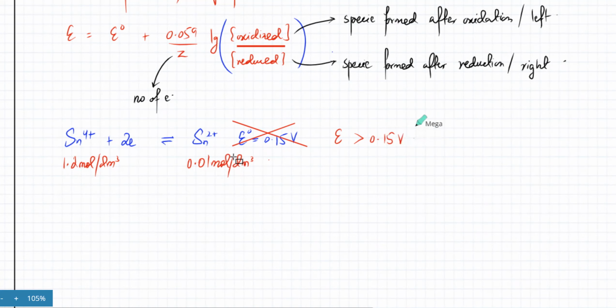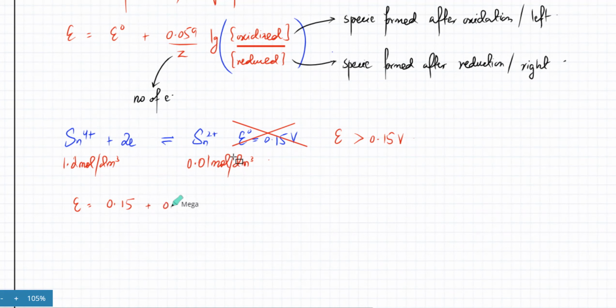So we're going to calculate now. The Nernst equation is given to us. So the new potential is basically the old potential, which is 0.15, plus 0.059 over Z. What is Z?